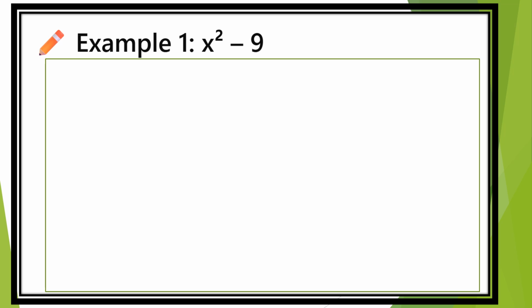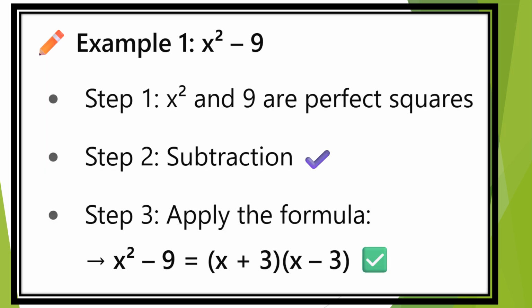Next, how about the 9? Factorable? Yes, it must be perfect: 3 times 3. So, step 1, x squared and 9 are perfect squares. Subtraction? Yes. Step 3, apply the formula. So, x squared minus 9 is x plus 3 times x minus 3.